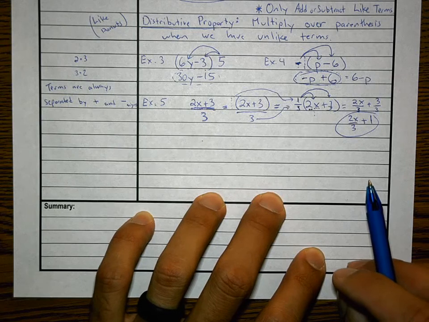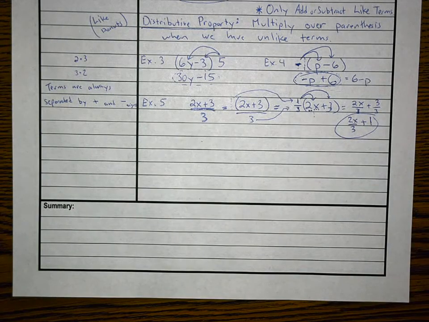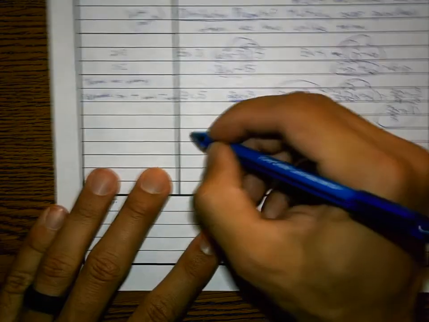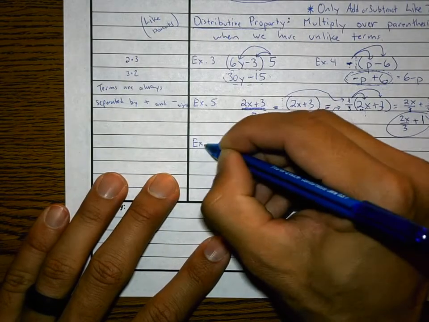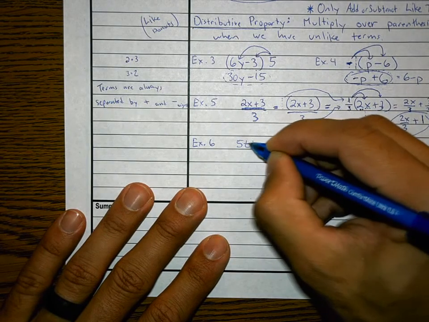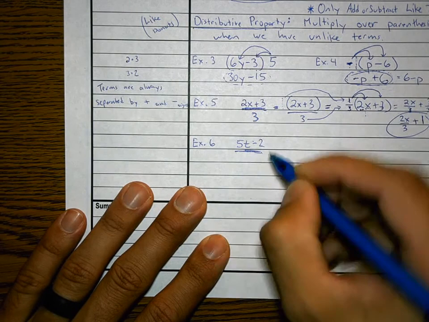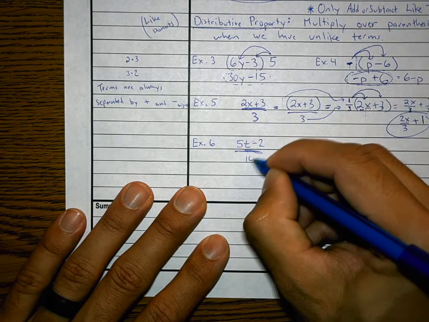I'm not sure if you understood what we just did there, but I'm hoping it makes sense to you. If you understood what I did there, then I want you to try this one, compare it with your neighbor, and see if you come up with the same one. 5t minus 2 over 10.